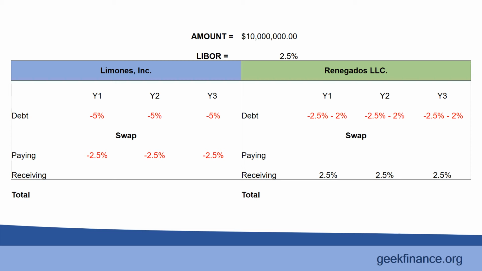So every year, in addition to their fixed rate loan of 5%, Limones pays Renegados an additional 2.5%, or whatever LIBOR happens to be that year. Renegados, in turn, has agreed to pay Limones' fixed rate, which is 5%. So, in addition to their floating rate loan of 4.5%, Renegados will pay Limones an additional 5%.